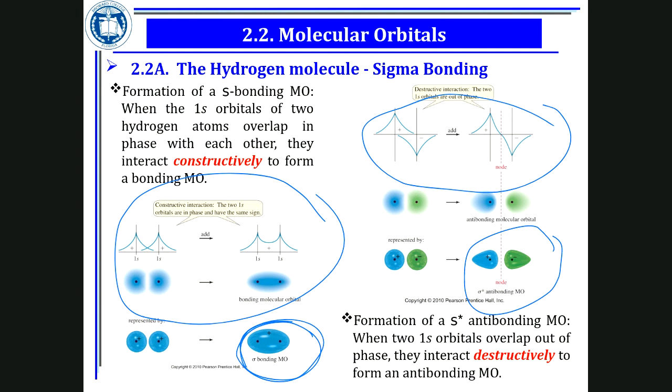Remember when I was talking about the difference between s orbital and p orbital in the same energy level, like energy level 2, s orbital has less energy than p orbital, and that was because of the shape of the orbital, s being spherical and p being dumbbell shape. So dumbbell shape orbital has higher energy than spherical. Compare these two, bonding versus anti-bonding.